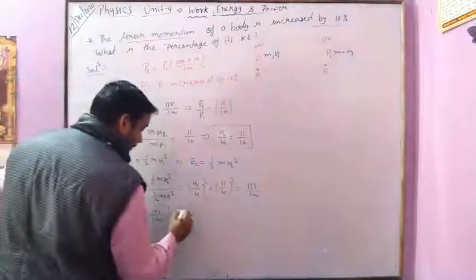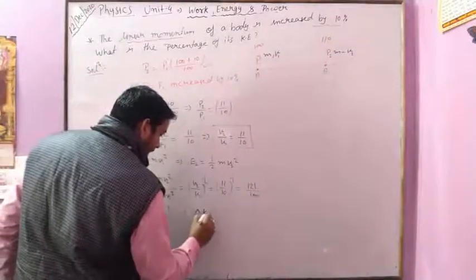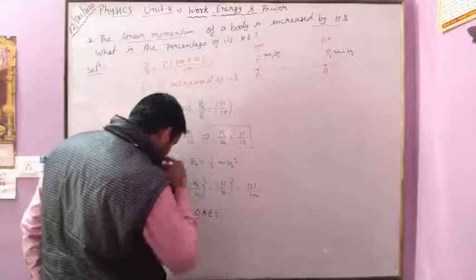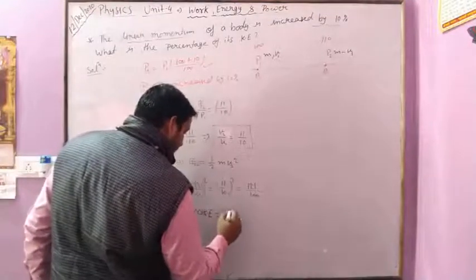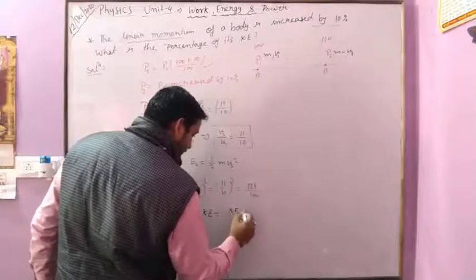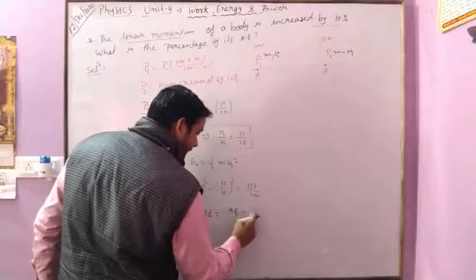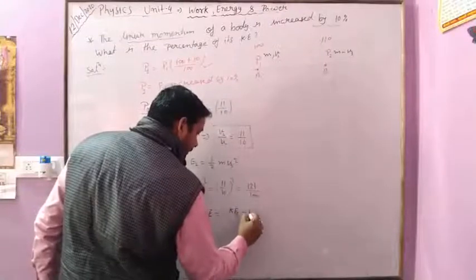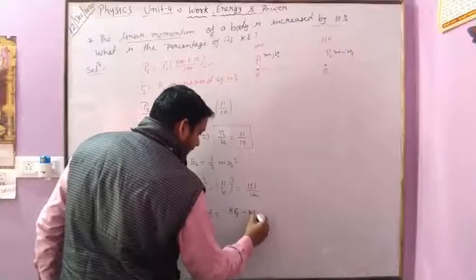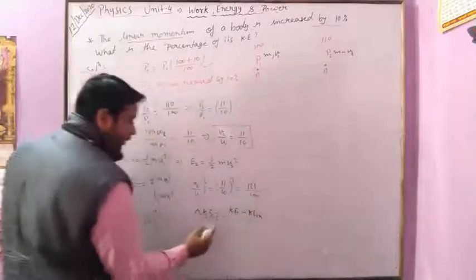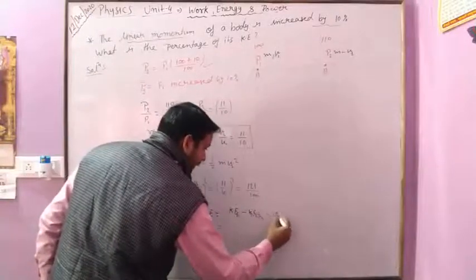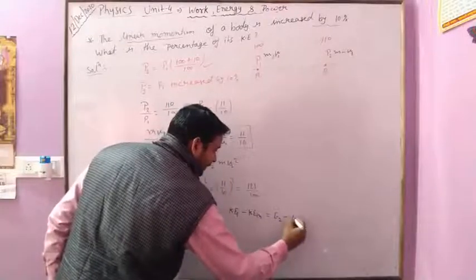Therefore, the change in kinetic energy is the final energy minus the initial energy. In our question this is E2, and this is E1.